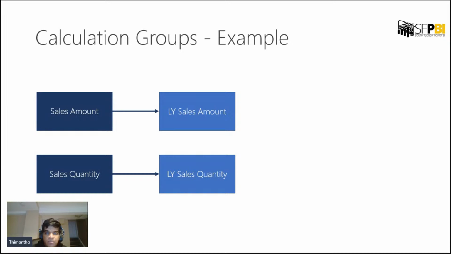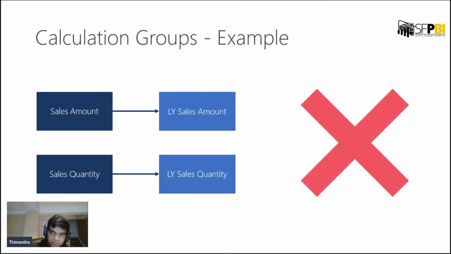It did the job for us, it fulfilled the client and reporting requirements, and there was no issue with that. But with calculation groups, this is not the right way to go about things anymore.